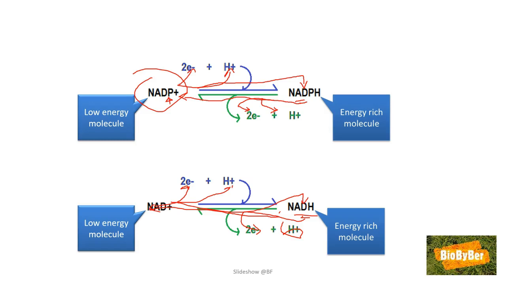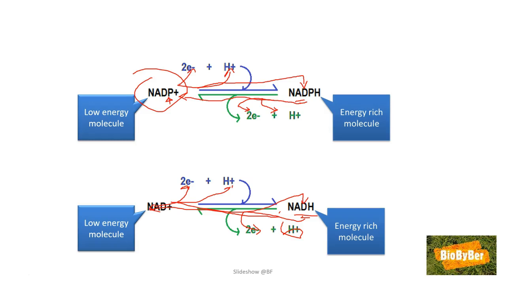NADP+ is a low energy molecule. I like to think of NADP+ as being a taxi, NADP's taxi service. It's involved in photosynthesis because of the letter P. NAD+ is a taxi service, NADP's first cousin, involved in respiration.